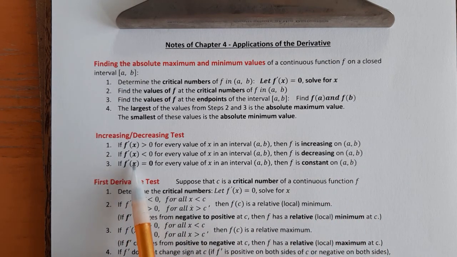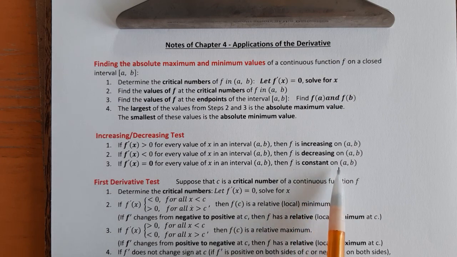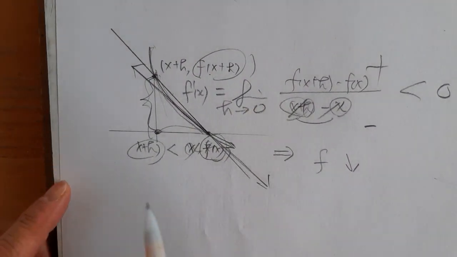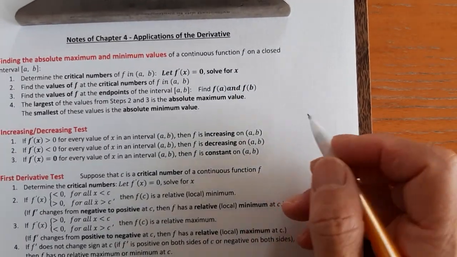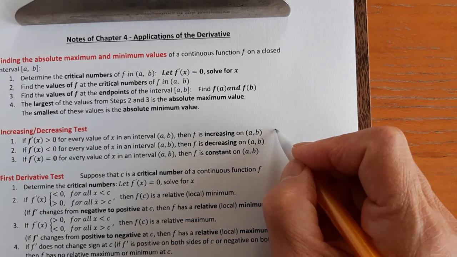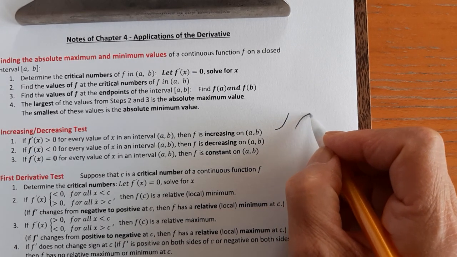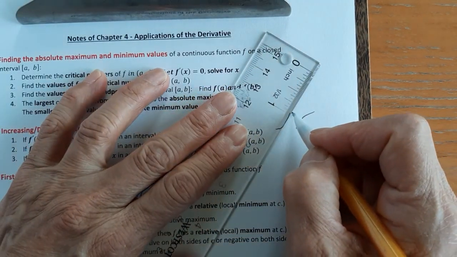Now, if f prime of x equals 0 for every x in the interval a to b, then f is constant on a to b, which means it is a horizontal line. For an increasing function, either concave up or concave down, f prime is always positive.